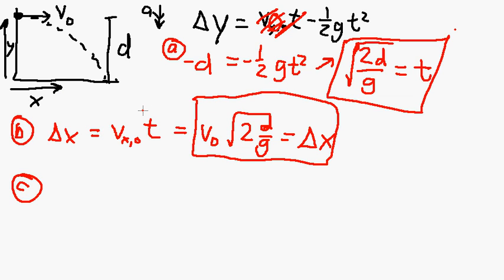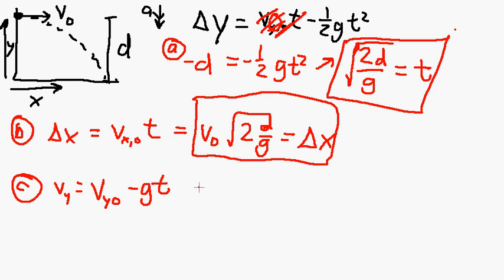Probably the easiest way to find that is velocity in the y direction is initial velocity in the y direction, which was 0, minus g times t. This is plus acceleration in y times t, but acceleration in y is negative g, so that's how it works out. So initial velocity in y is 0. Negative gt, well, we know t.